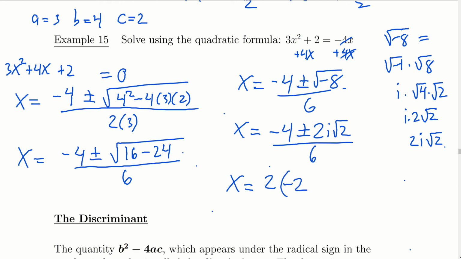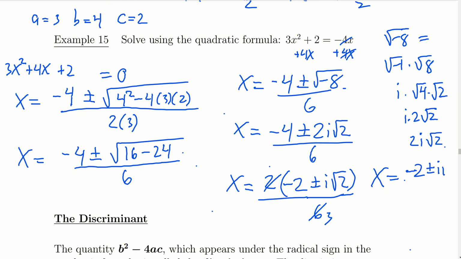That'll leave us with negative 2 plus or minus i square root of 2 all over 6. And then we can cancel the common factor of 2 in both top and bottom. So our final answer is going to be x equals negative 2 plus or minus i square root of 2 over 3.